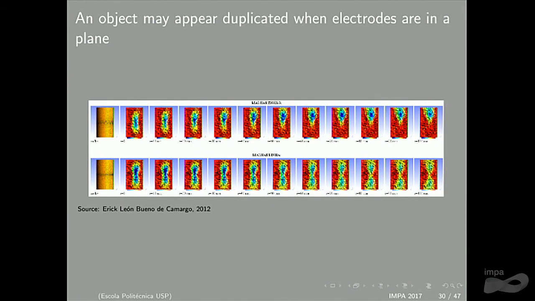And so now I will show some numerical simulations showing that we need to respect the singular values of the conductivity matrix because, for instance, if we have all the electrodes in a single plane, as all the current technology in the world does, and we have an object moving from the equator to the North Pole, we will observe two objects instead of one.